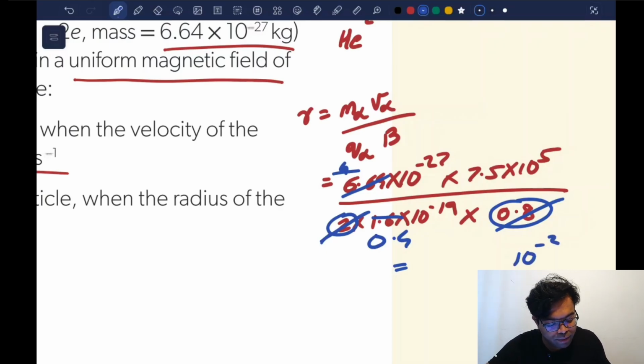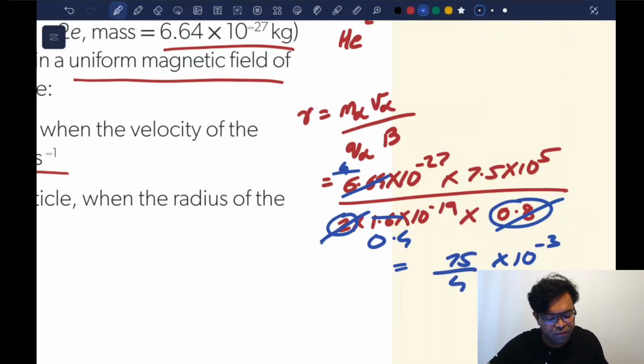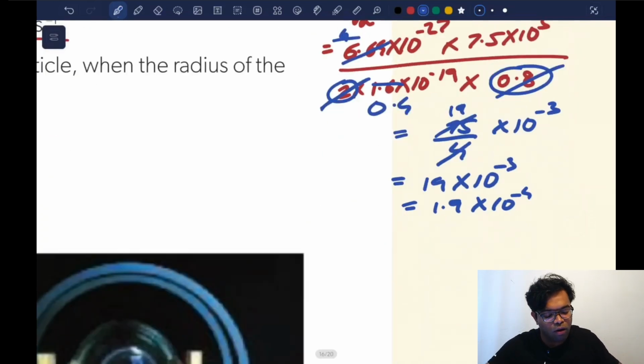So 10 to the power of minus 3, and then you have 7.5 upon 0.4. Now you can again make some assumptions and say that this is 75 upon 4. 4 nines are 36. Somewhere around 19 into 10 to the power of minus 3, or 1.9 into 10 to the power of minus 4.